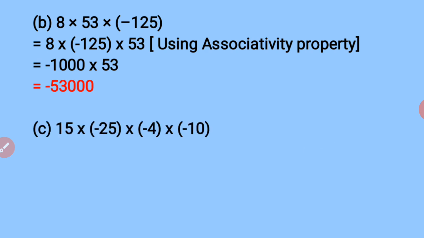One more example. Here it is 15 minus 25 minus 4 minus 10. Again we will do the same. We'll try to select the numbers which will give us easy multiplications. Which are those? 15 and 25. Check the ones place. 5 5s are 25.